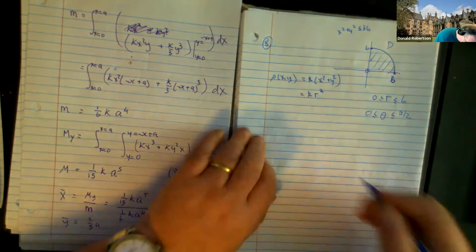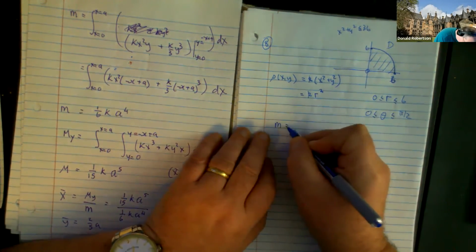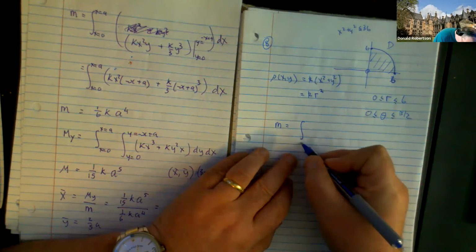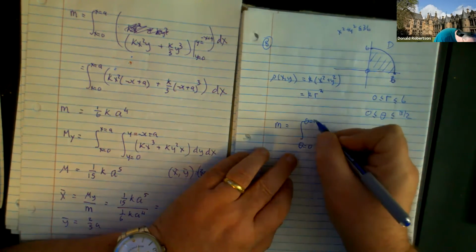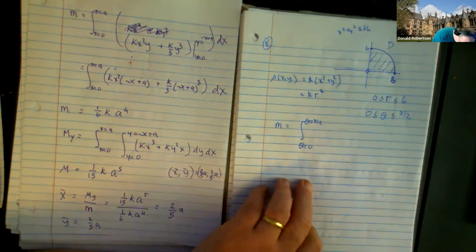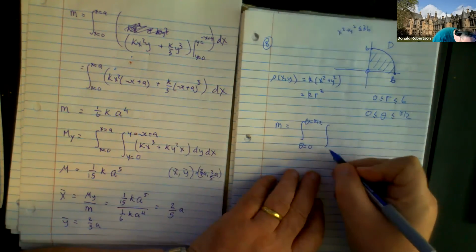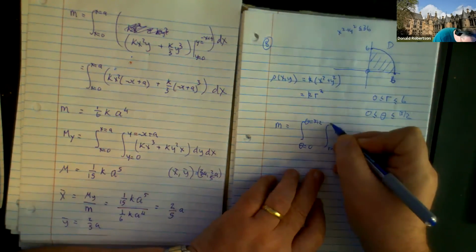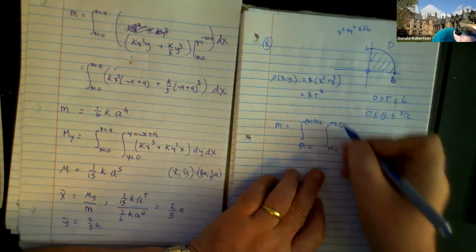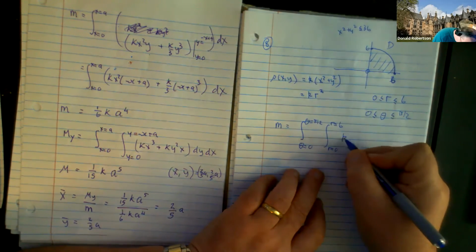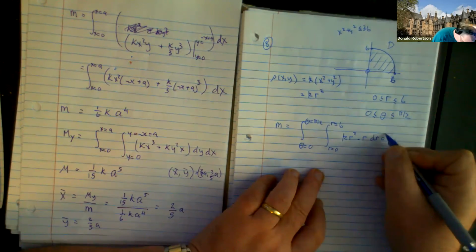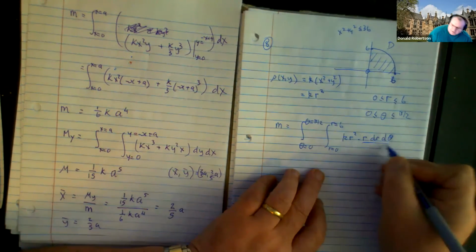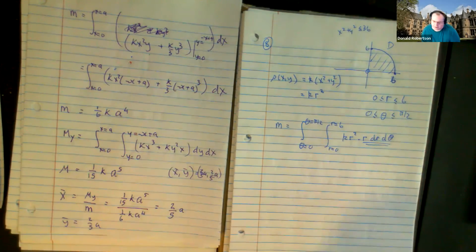So our mass is going to be the integral from theta equals 0 to theta equals pi upon 2, and then it's going to go from r equals 0 to r equals 6. And then the density function, which is that guy, times r dr d theta. Don't forget that r. When you go polar, you get an extra r.